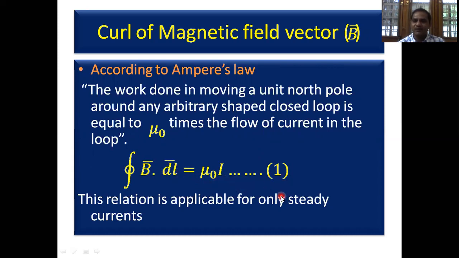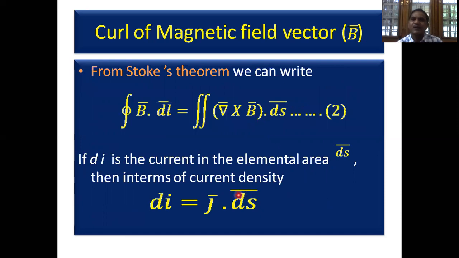This is equation 1. You remember that this formula is applicable only for steady currents. In this chapter, we discuss only the steady currents, magnetic field effects for the steady currents. But from Stokes' theorem, we know that Stokes' theorem relates both the line integral and surface integral.